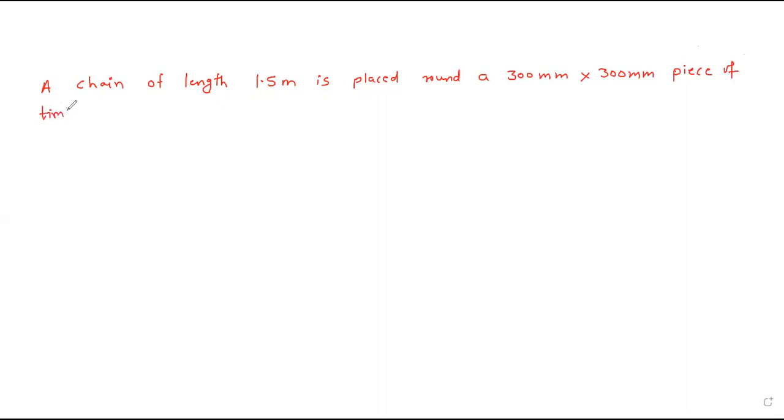So the next numerical is: a chain of length 1.5 meter is placed around a 300 mm by 300 mm piece of timber, as shown in figure.